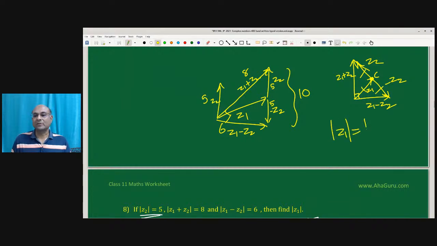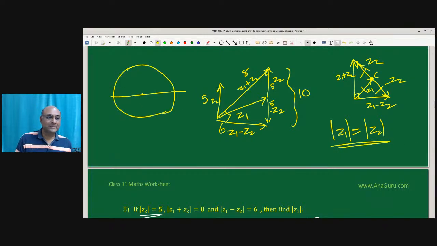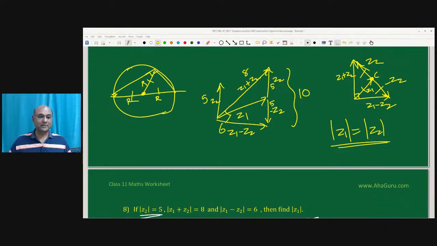Modulus of Z1 is equal to modulus of Z2. If I have a right circle, you know that angle in a semicircle is 90. You also know whenever this angle is 90, you can think of a semicircle with this as the center. So this side is equal to this side is equal to this side because they're all the radius. Okay. So we can use some of these geometry ideas and bring them into complex numbers.